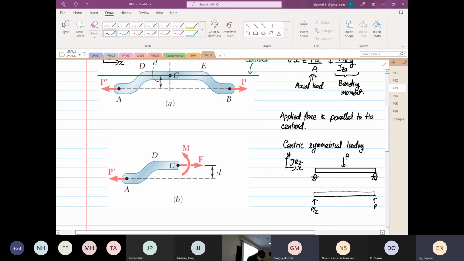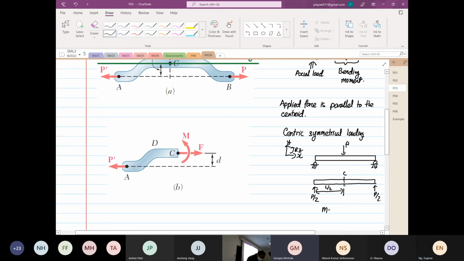This is also P over 2. The moment we calculate, so if this is point C, the distance is L over 2. So our moment in Z, right, is equal to PL over 4.